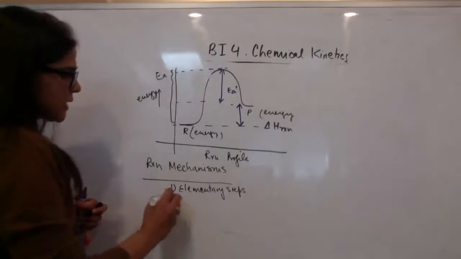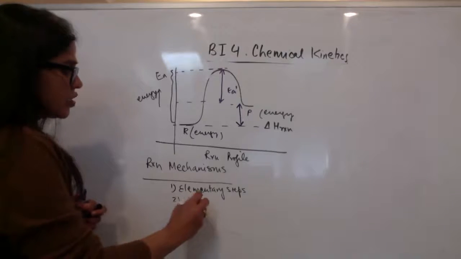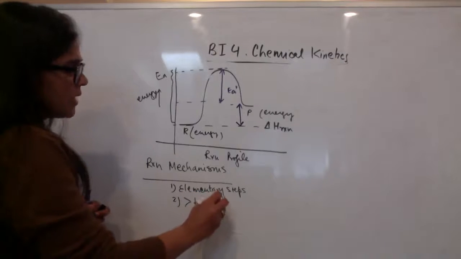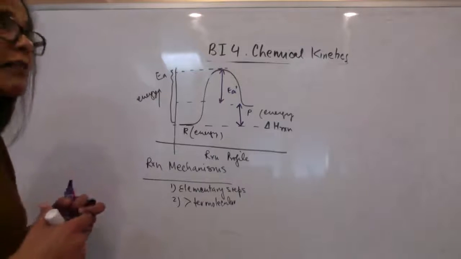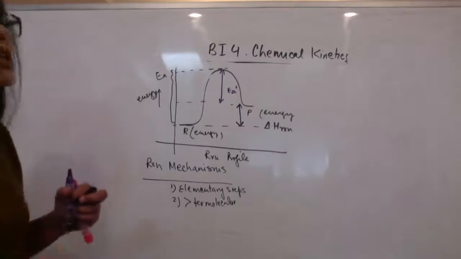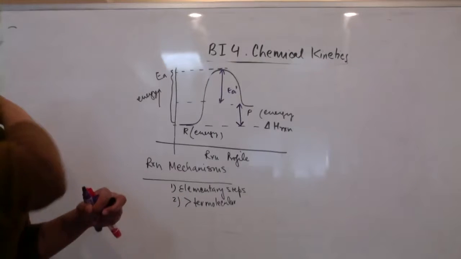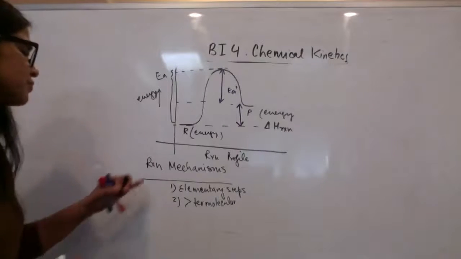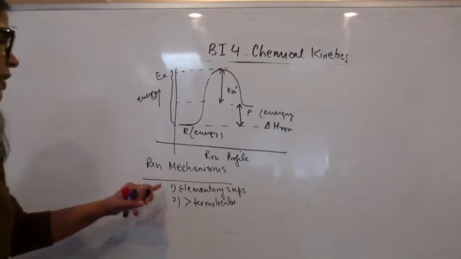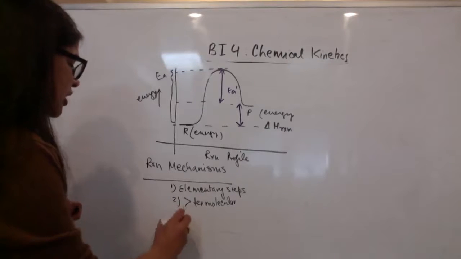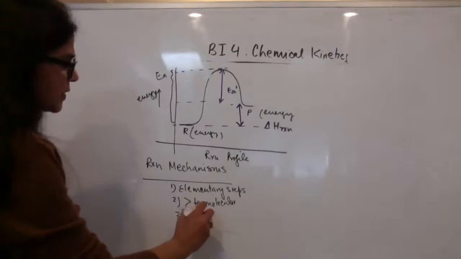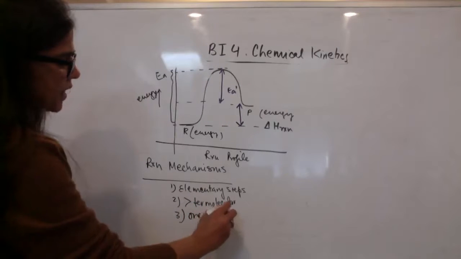No elementary step should be more than termolecular, meaning not more than 3 molecules must be asked to collide with the right orientation and correct energy, because the odds of that are very, very low. Every reaction has a slowest step, called the slow step.